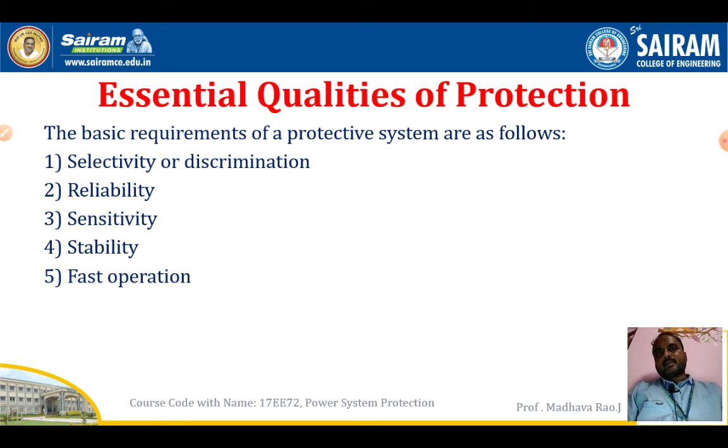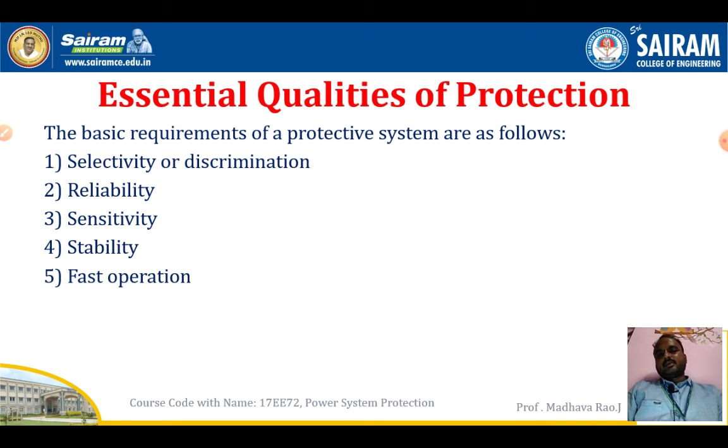Next one, reliability. So what is meant by reliability? Reliability means when a fault occurs in its zone of protection, the failure of the protective system may be due to failure of any one or more elements of the protective system. So we have to use reliable devices.